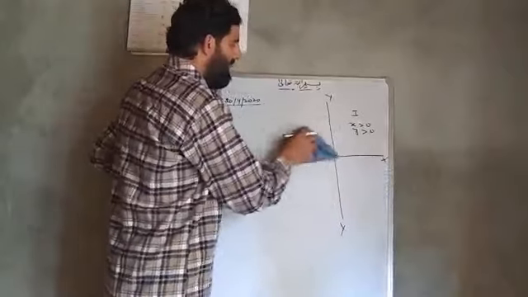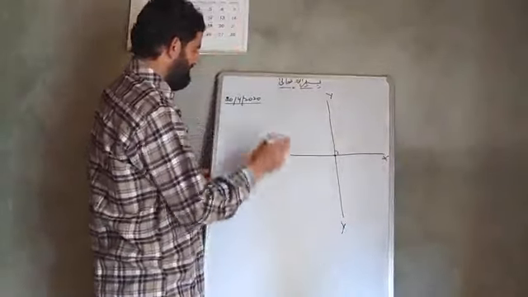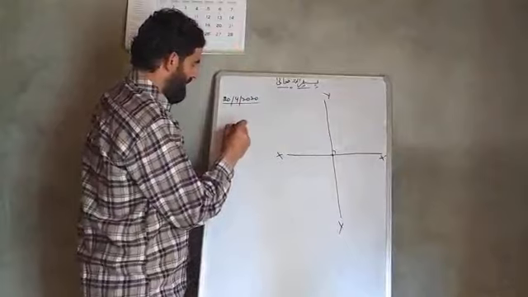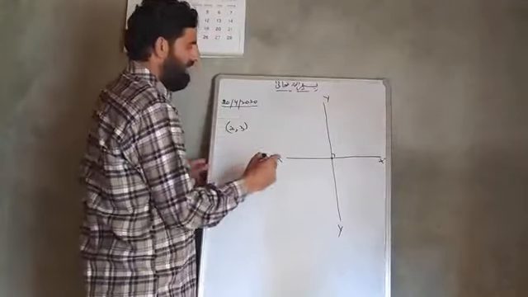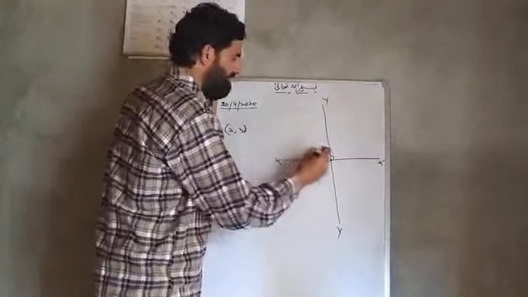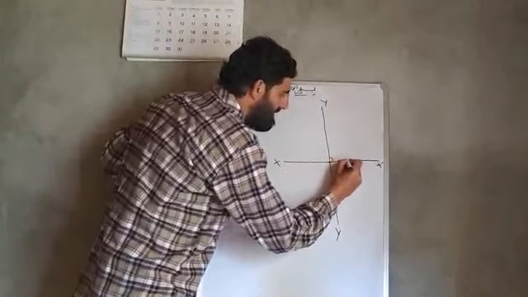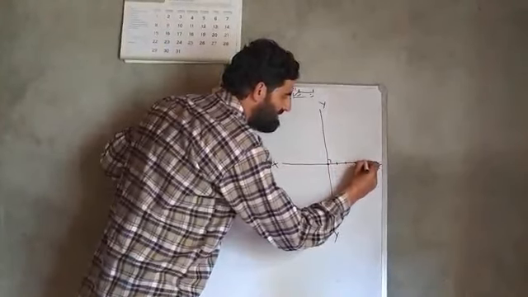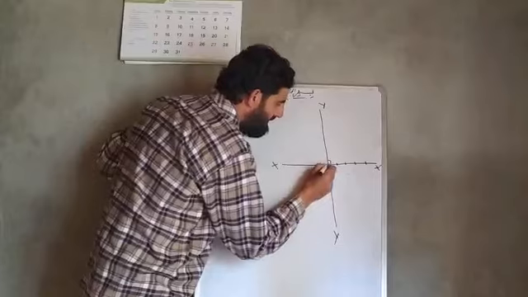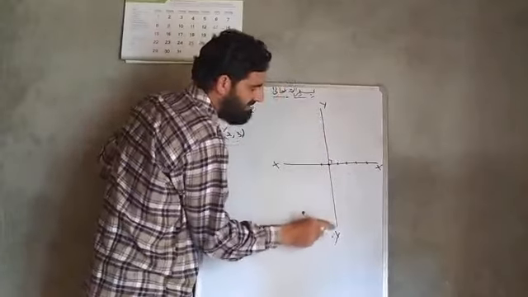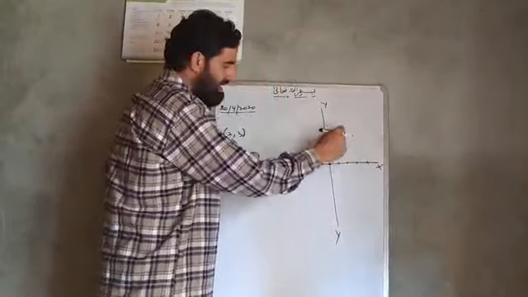So suppose we are asked to locate the point (2, 3) on this graph, the Cartesian coordinates. This is 1, this is 2, this is 3, this is 4, and here is the origin, the point where the x-axis and y-axis intersect each other.